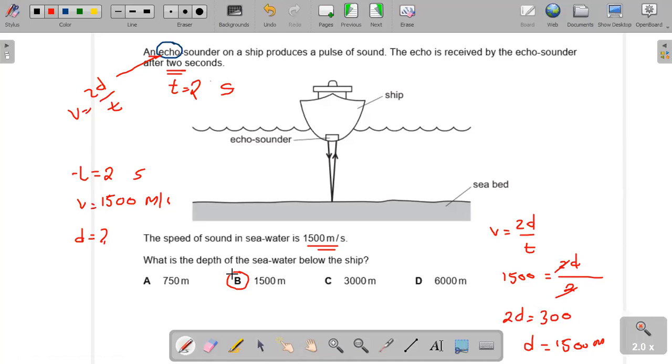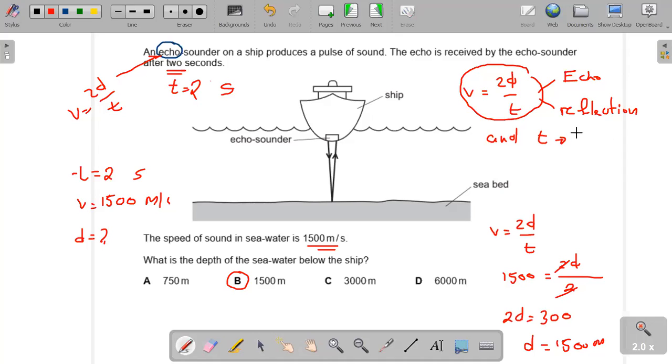واضح يا جماعة كده ولا لا؟ احنا قلنا امبارح، ان لما يكون عندي reflection او echo بستخدم الفورمولا V equals 2D divided by T. And make sure that the given time is the time of forward and backward, so T is forward and back.